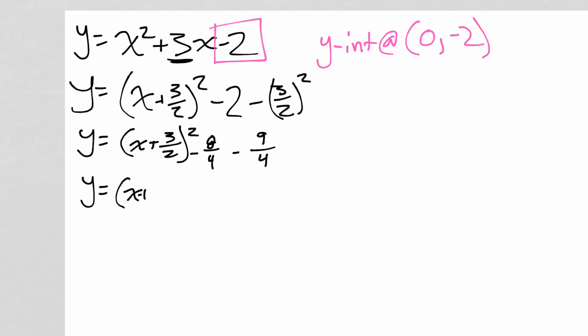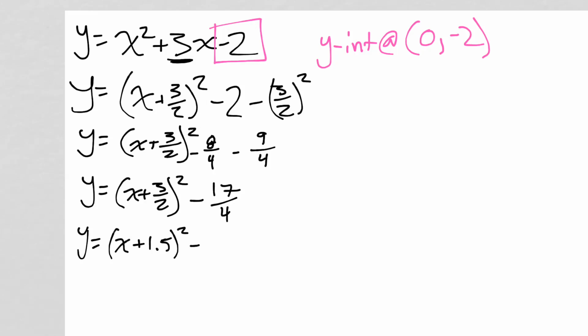y equals (x + 3 halves) squared, -8/4 minus 9/4. So what is -8 minus 9? Well, what is 8 plus 9? 8 plus 9 is 17. So this is going to be -17/4. If you like decimals, y equals (x + 1.5) squared minus, what is that, 4.25.